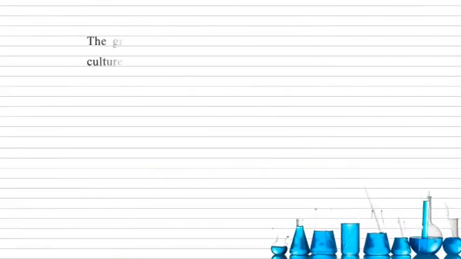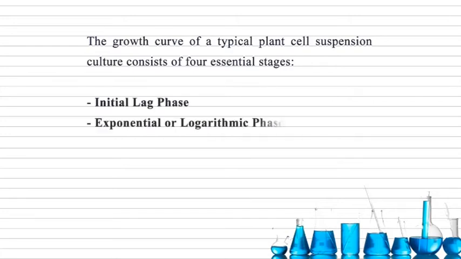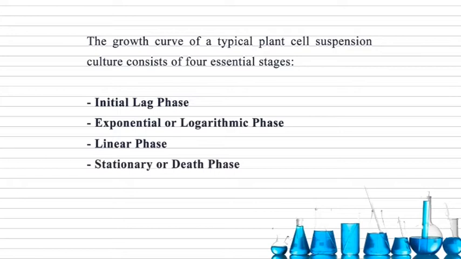Cell suspension cultures are generally initiated by culturing small masses of callus tissues in liquid medium, which is then agitated during the culture period. The growth curve of a typical plant cell suspension culture consists of four essential stages: an initial lag phase, an exponential or logarithmic phase, linear phase and stationary or dead phase.